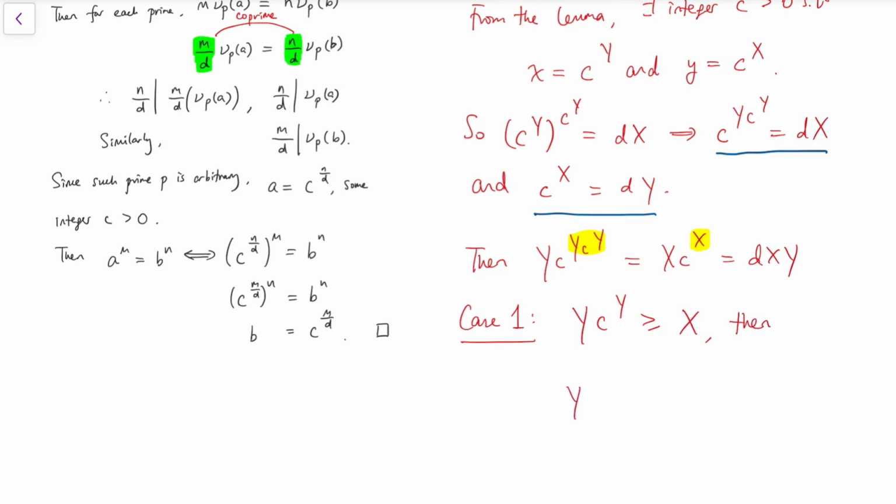I can say that big Y times c to the power big Y times c to the power big Y minus big X is equal to big X. So now we have Y times the power of c equals X. But at the same time, the X and the Y are coprime.